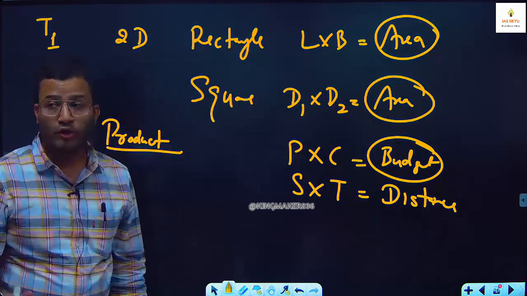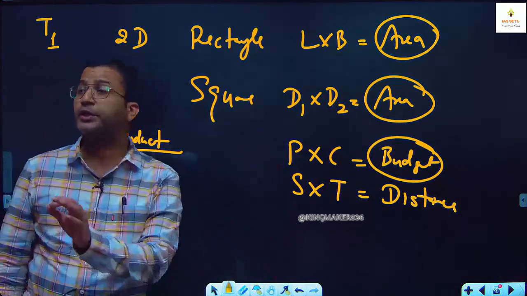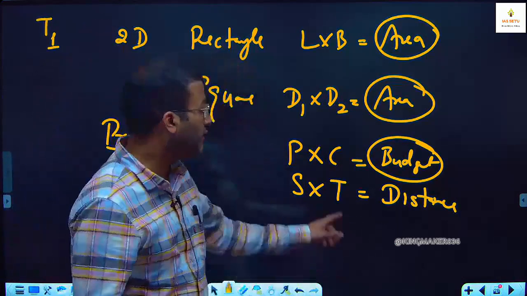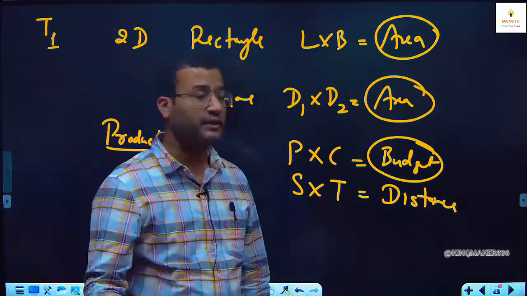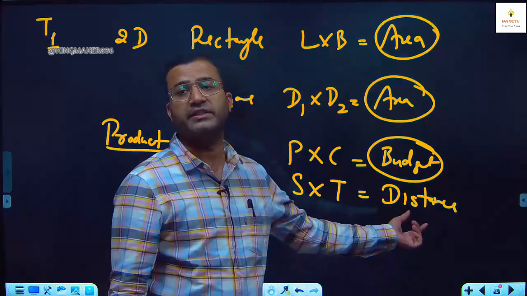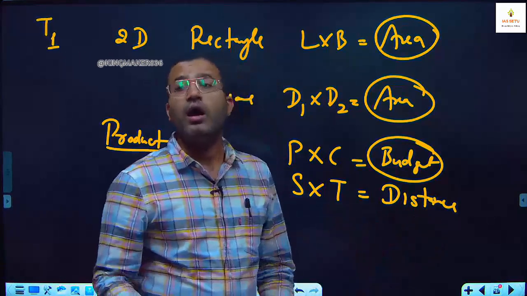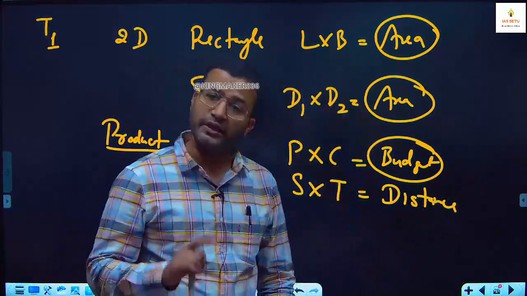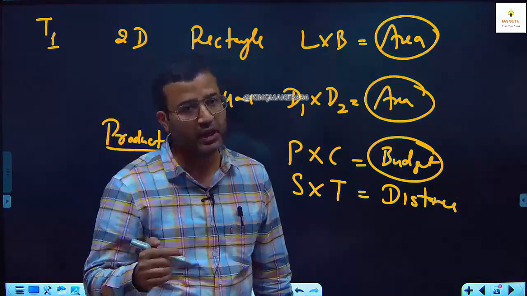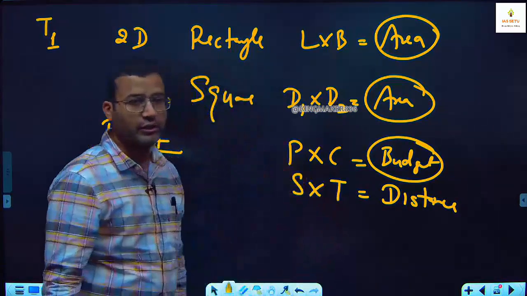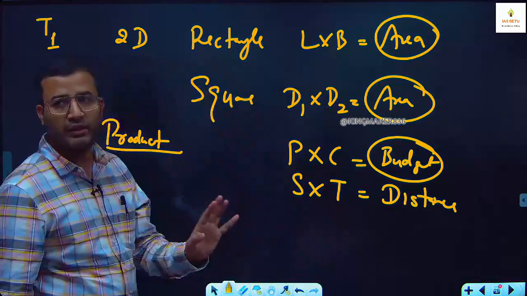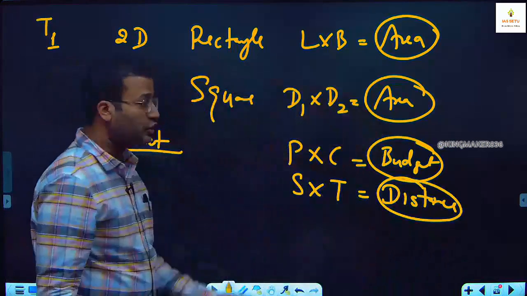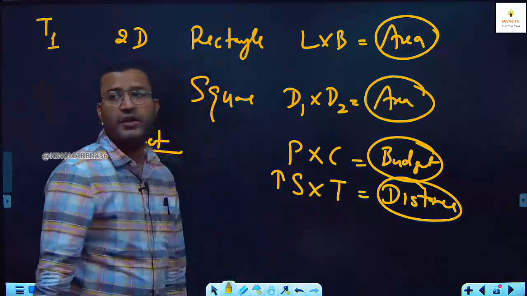The question will be like: the speed of an athlete is reduced by 10%. Then the time will increase by how much percentage so that he will cover the same distance? I want to say that I have to cover the distance. If I reduce the speed, it means I need more time. If I reduce my speed, I will take more time. That we have to calculate, and we will calculate. It is not a big deal. Speed into time is equal to distance, but distance remains the same. Speed increases or decreases, then the other factor we have to find.